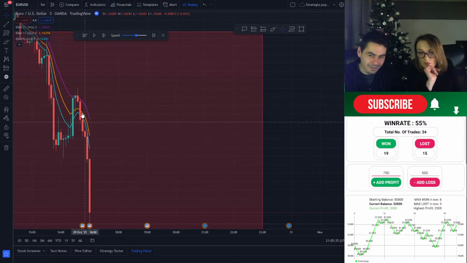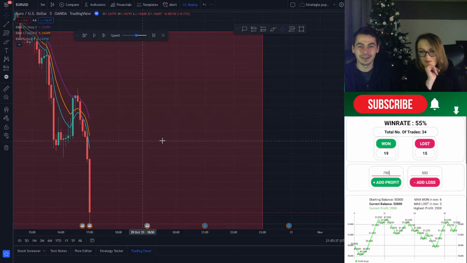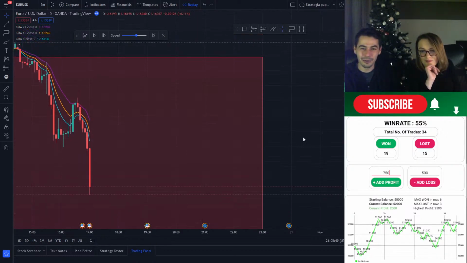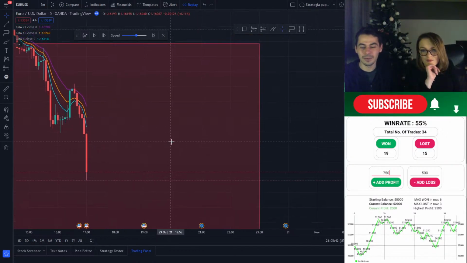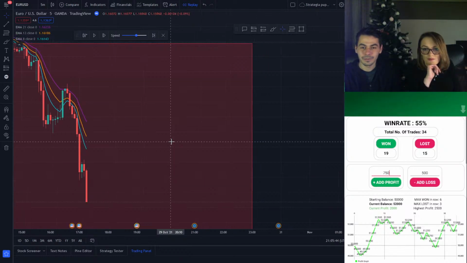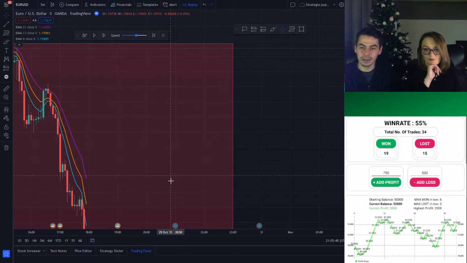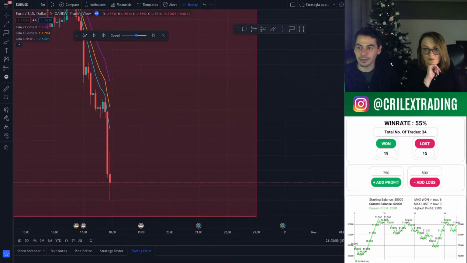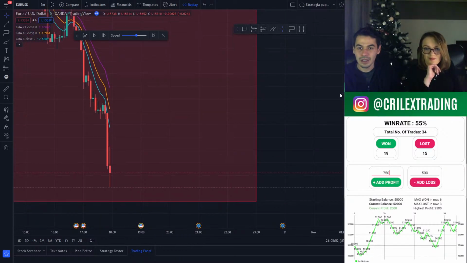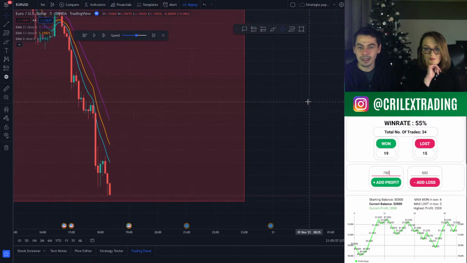This is a candle that didn't untouch the EMA, so no valid setups up to this point. And the market is just going to the downside in a very abrupt fashion. It seems no entries so far, and I think this will be the end of October.